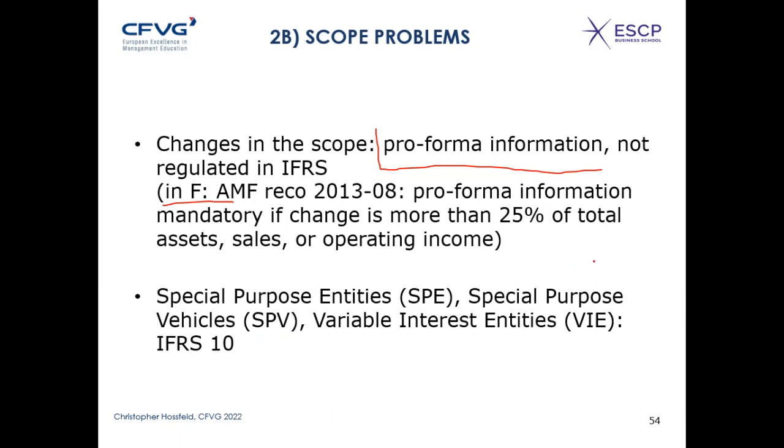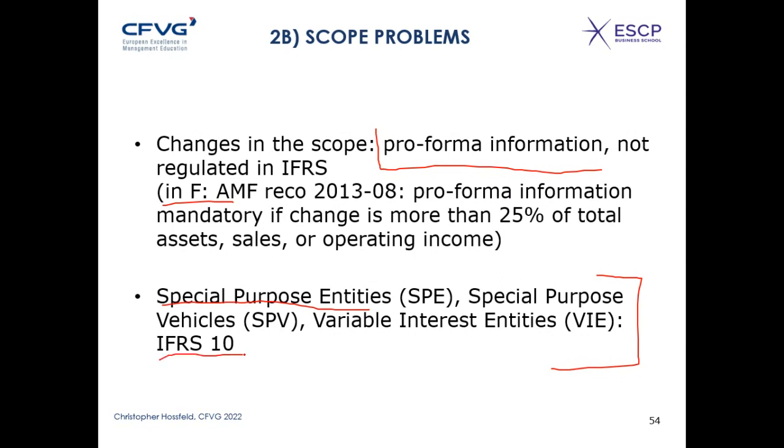Okay, then let's look at the second issue, the so-called special purpose entities, special purpose vehicles, variable interest entities, etc. Those are different names for the same situation. So special purpose entities, we could say, is the accounting term that is used in IFRS number 10.